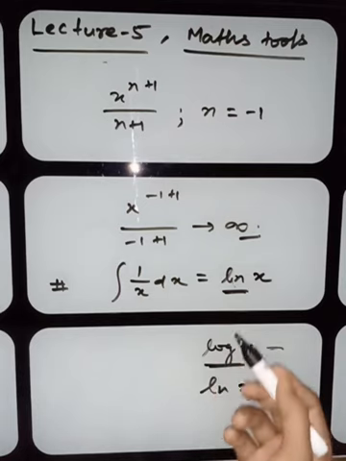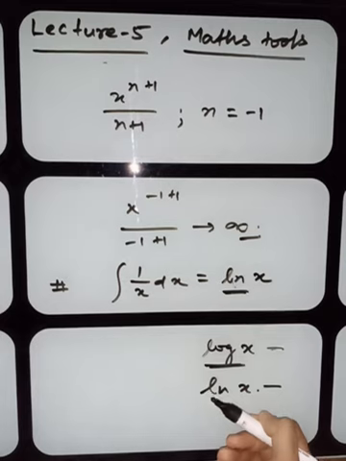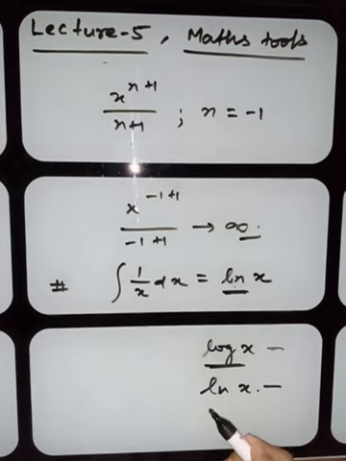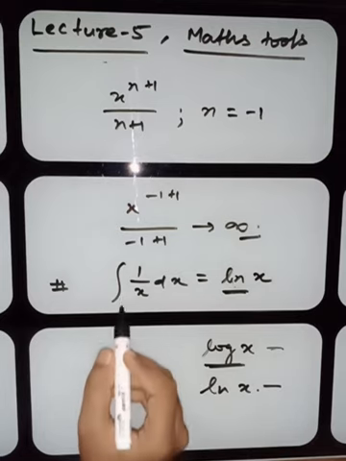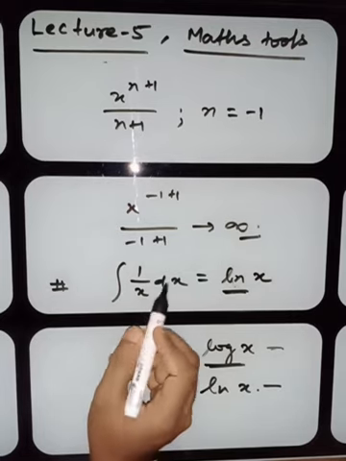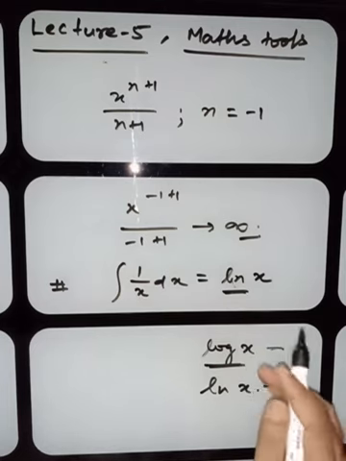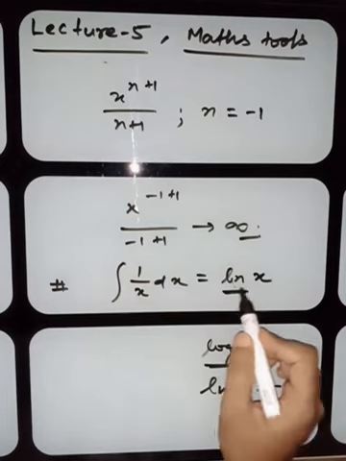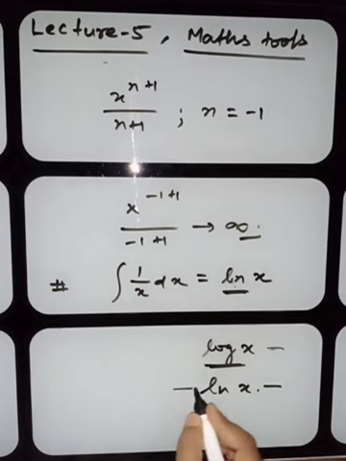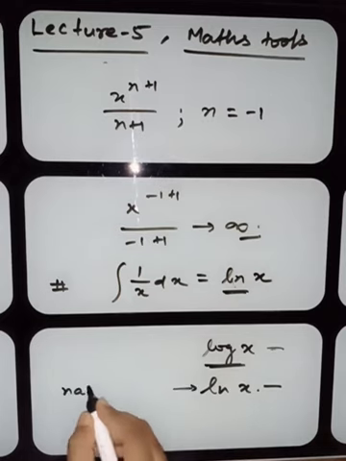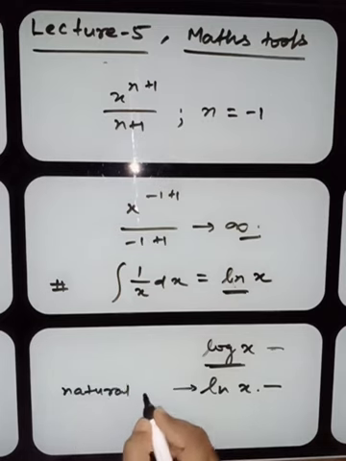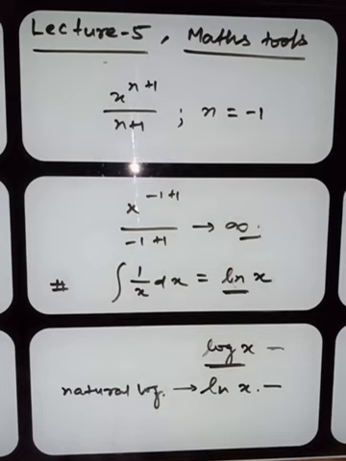How ln x and log x correlate, I will discuss later, but till now you should remember that integration of 1 by x dx will be ln x. You can say natural log x. This is called the natural logarithm. In short, we write ln.